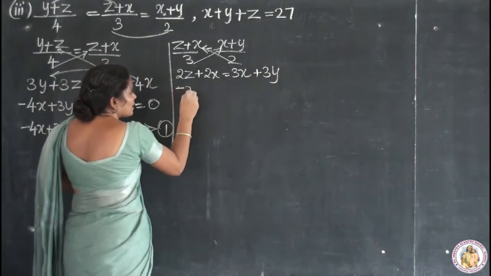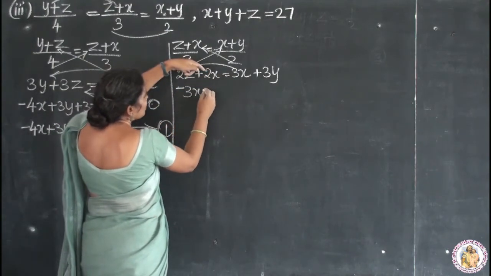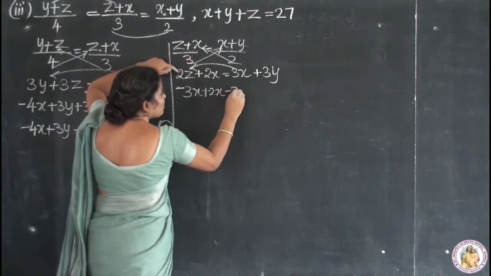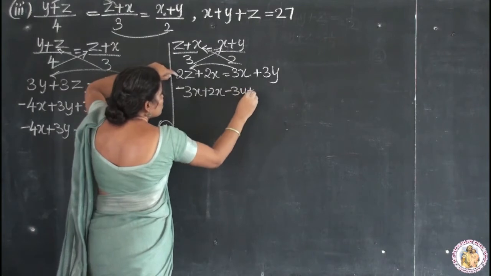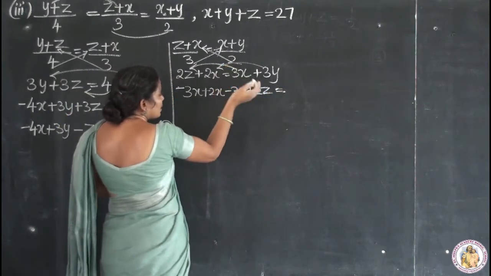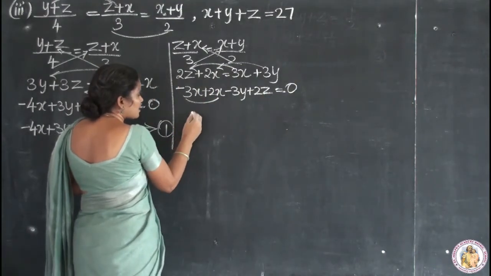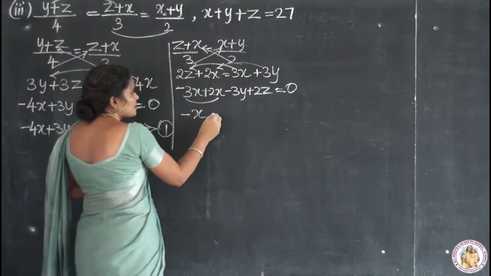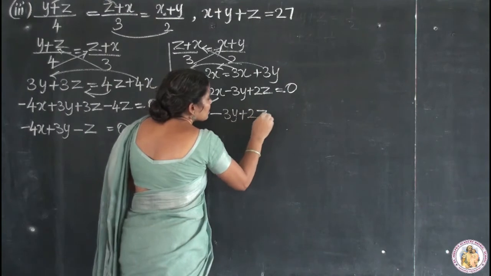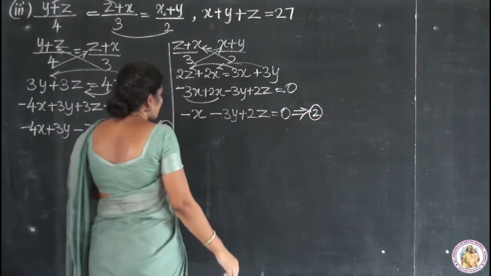And 3x plus 3x will become minus 3x plus 2x, plus 3y will become minus 3y plus 2z. As it goes everything to the left side, it will become 0. Different sign, subtract. Minus x minus 3y plus 2z is equal to 0. Taking this as the second equation.